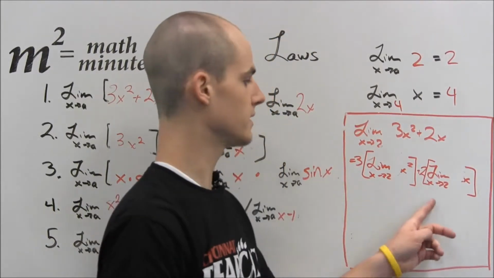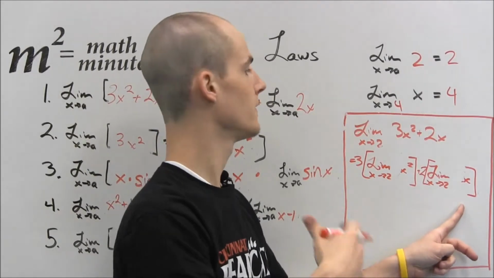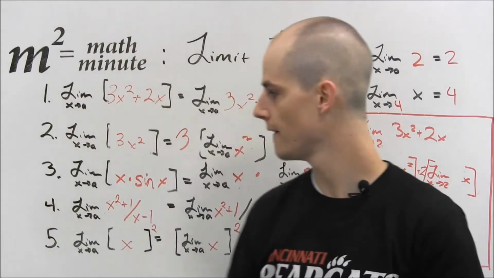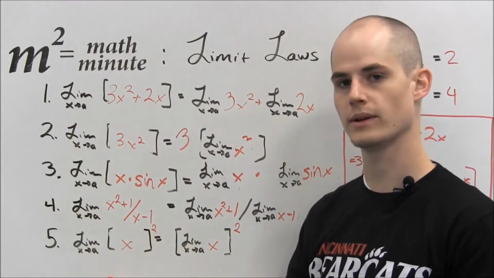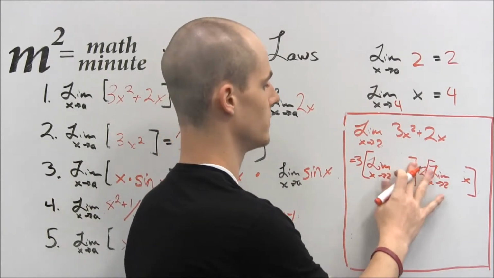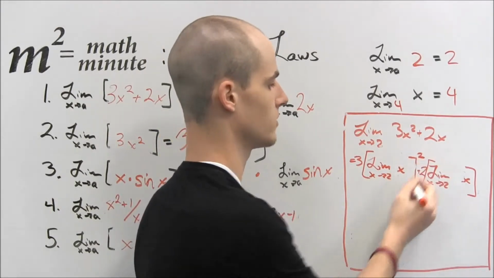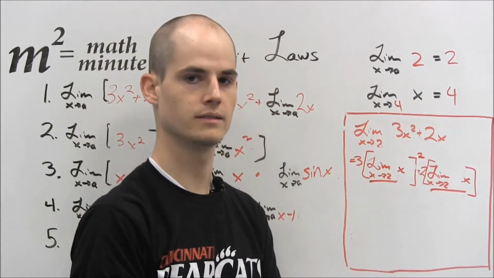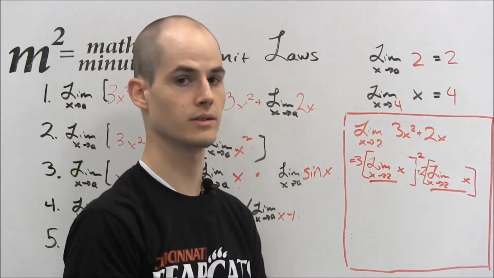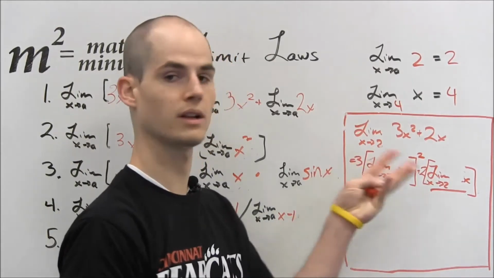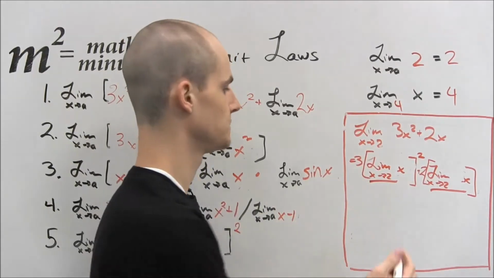So now as you notice, this is already perfect. We've already gotten to the goal of the limit laws. We have one more step over here, and that is using rule number 5. We can take this exponent out, which in this case is 2. So this becomes squared. So now this and this are exactly what we need: the limit as x approaches a value of just x. And what the direct substitution property says is that we can just plug this value in.